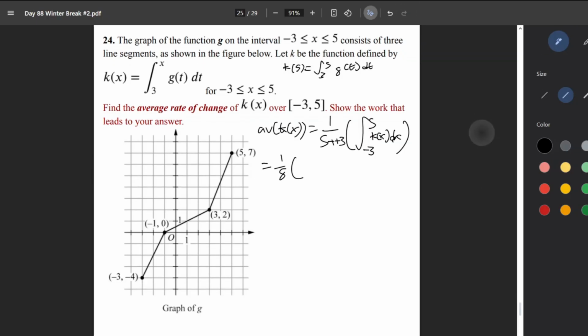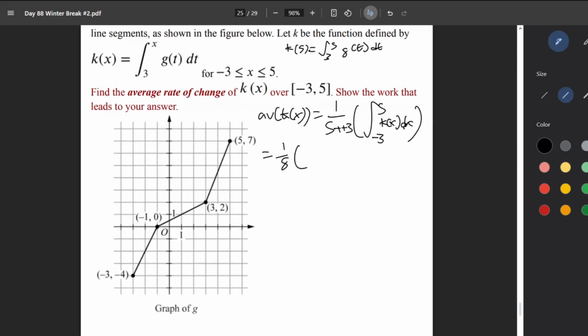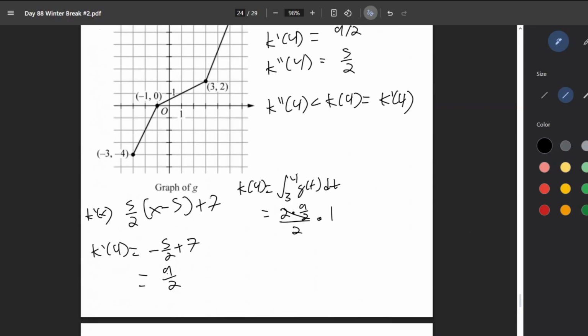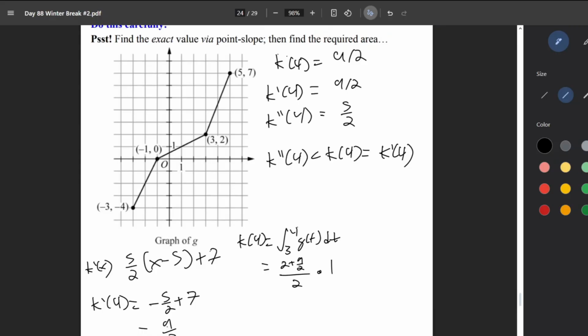Again, this one is a pain in the butt. So it would be 2. Okay, this one was wrong because it's plus. 2 plus 9 over 2, so it would be 13 over 2, so it's 13 over 4.